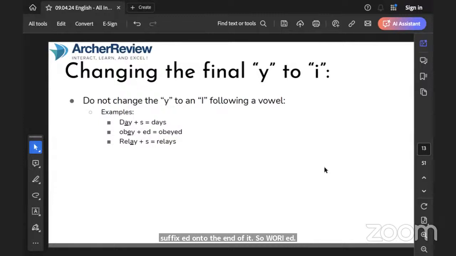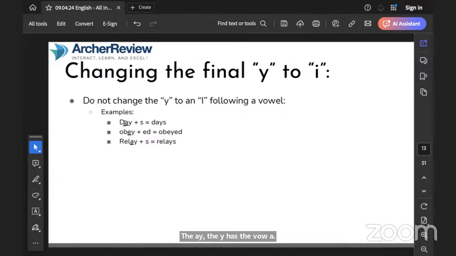But with the changing the Y to an I rule, if there is a vowel in front of the Y, you will not change the Y to an I and then add the suffix. You need to leave the Y because, again, we don't want to have double vowels side by side. And if you change the Y to an I, that's essentially what you're going to create. So, for example, with day, D-A-Y, the Y has the vowel A in front of it.